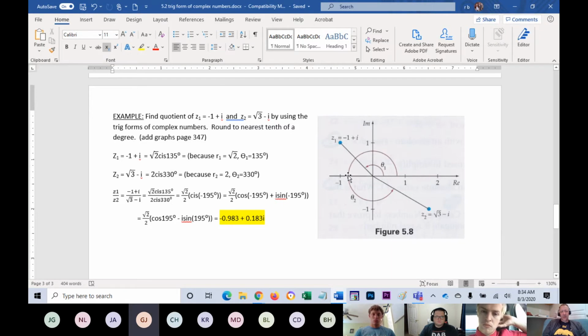So how do you know? Can you just go over how you found that 330? Yeah. So this angle here, we know it's going to be the inverse tangent of the opposite over the adjacent. Well, the opposite is 1.